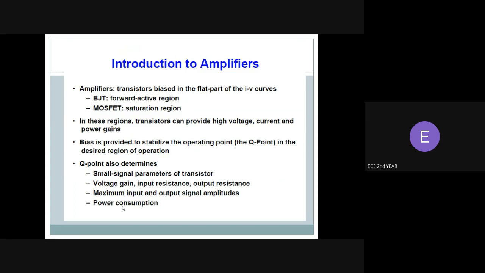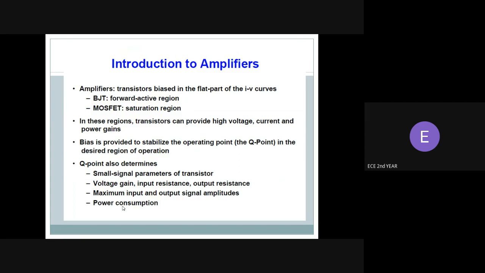By making arrangements, you can transfer the resistance property of one side of the device to the other side of the device. That's why it's called a transresistance. The resistance keeps varying based on the power supply and current flowing in the device. That's why it's called a transistor.